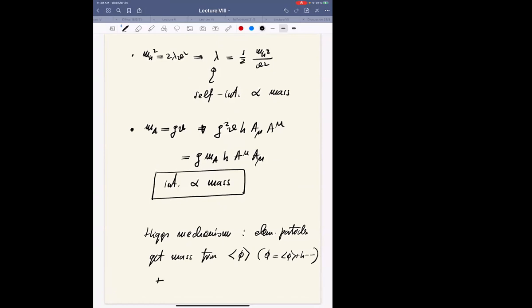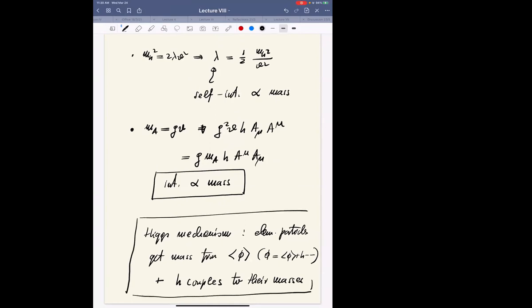And h, the guy that lives around the vacuum, couples to the mass. Here it is. From now on, the rest will be details. Highly profound details, but here is the essence of the story.